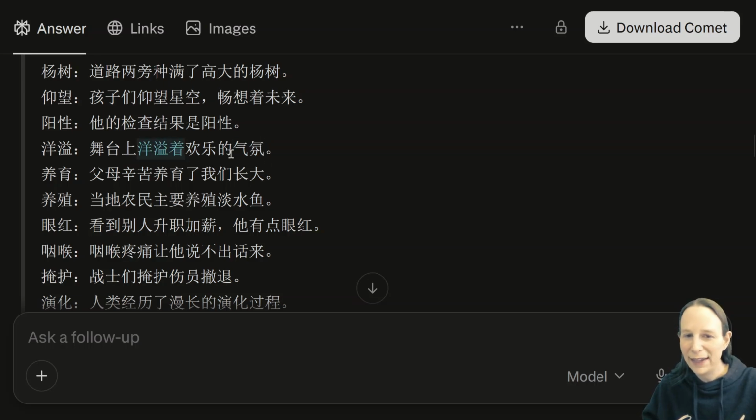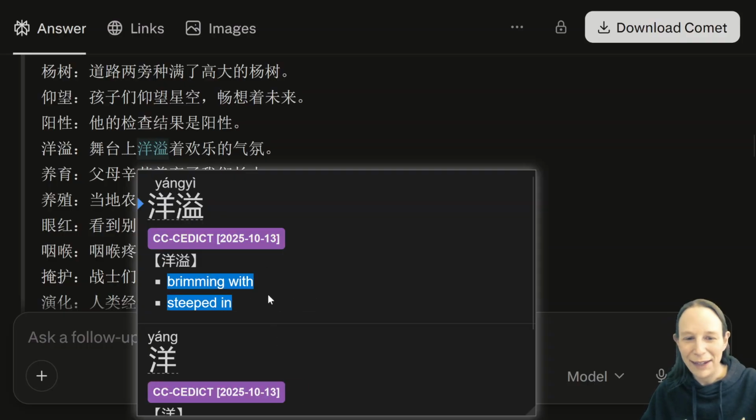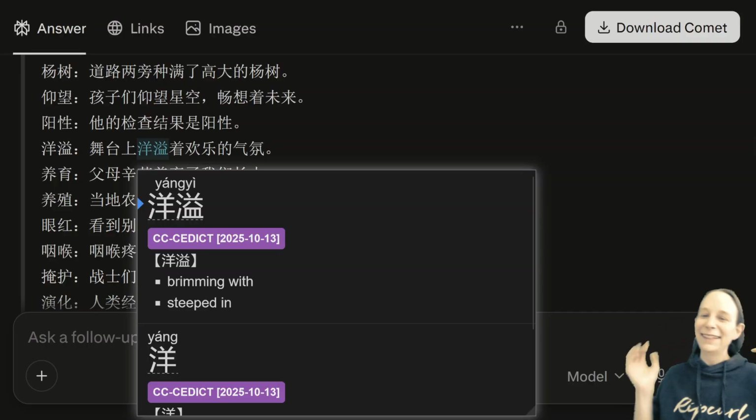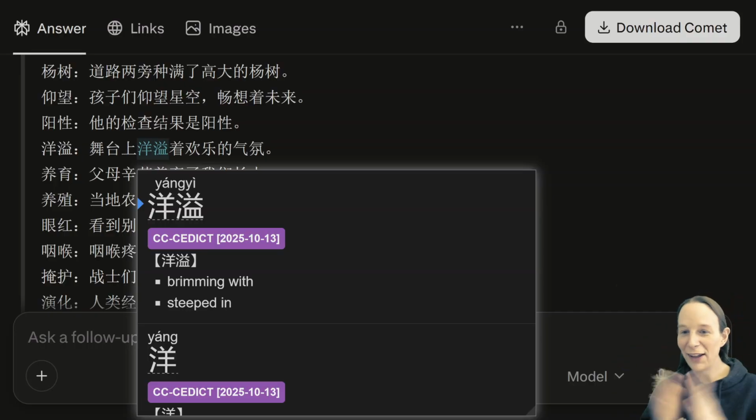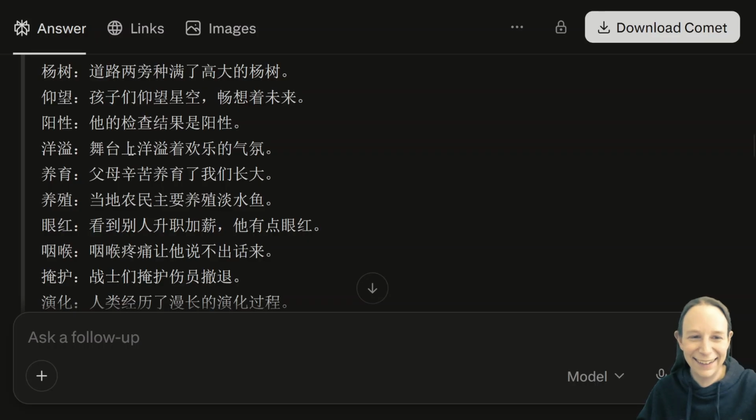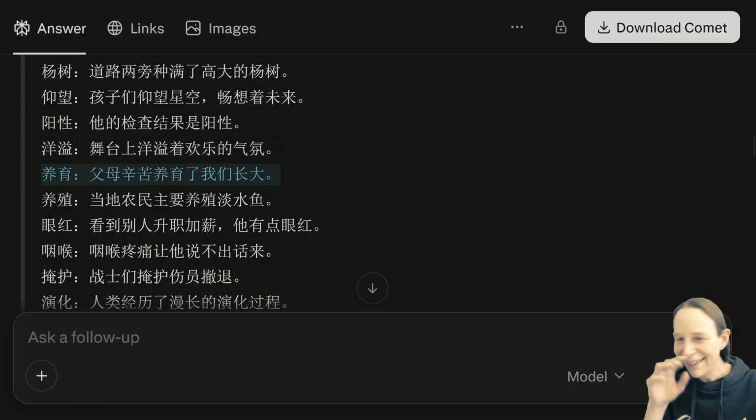So brimming with vibes of joy, something in that ballpark. Filled to the brim with girlish glee, three little maids from school, that kind of thing. All right, you get the idea.